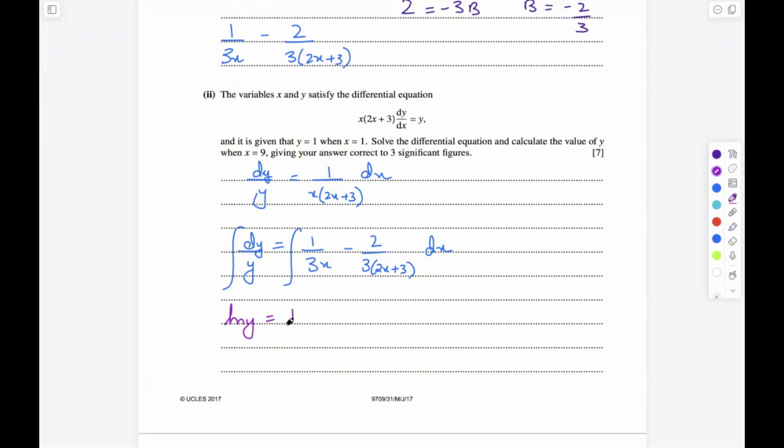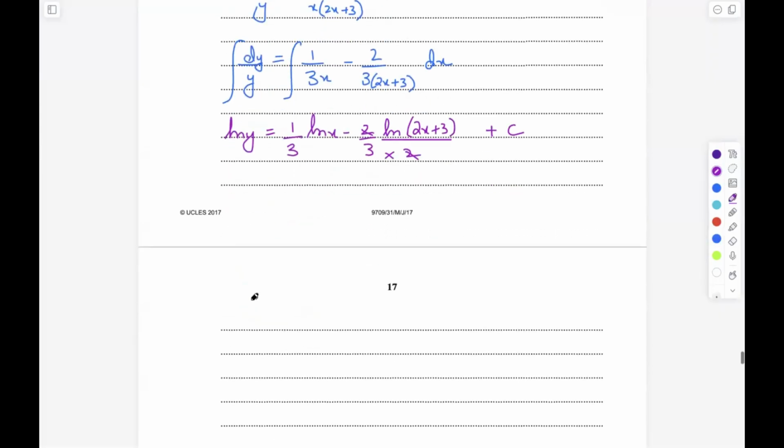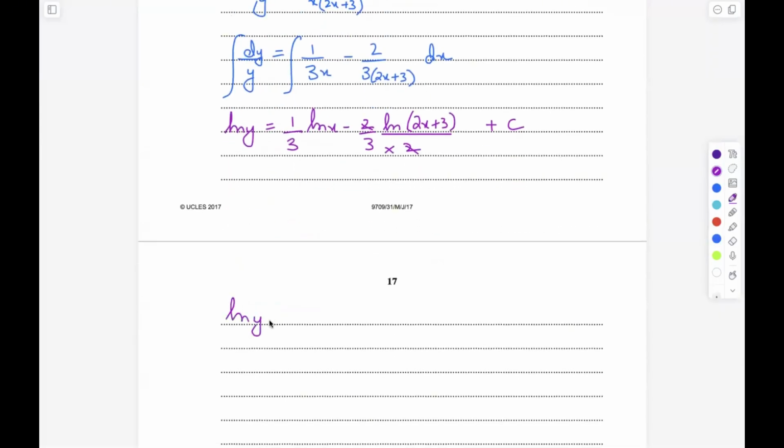Integrating 1 upon 3x, we can leave 1 upon 3, and integrating 1 upon x becomes ln of x. Leaving 2 upon 3 as the coefficient, integrating 1 upon 2x plus 3 gives ln of 2x plus 3. And then we also divide by the derivative of 2x plus 3, which is 2, and we add a constant. So 2 and 2 will cancel out, and we'll have ln of y is equal to 1 upon 3 ln x minus 1 upon 3 ln of 2x plus 3 plus c.